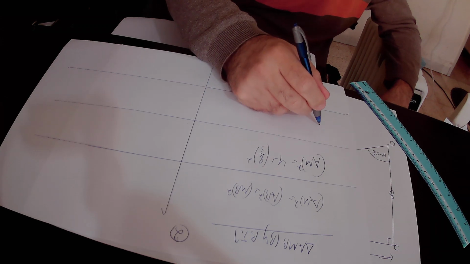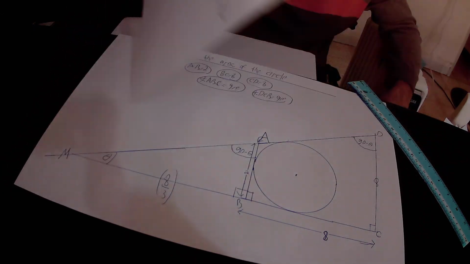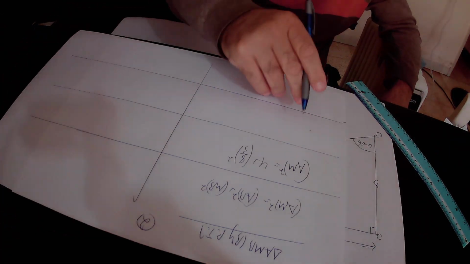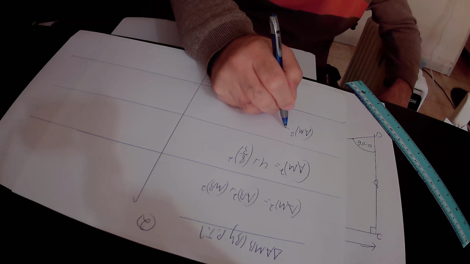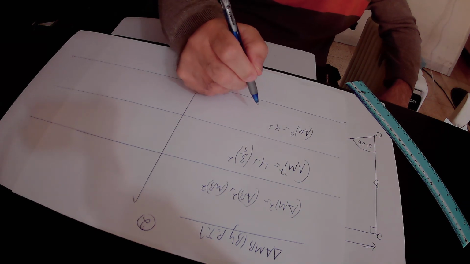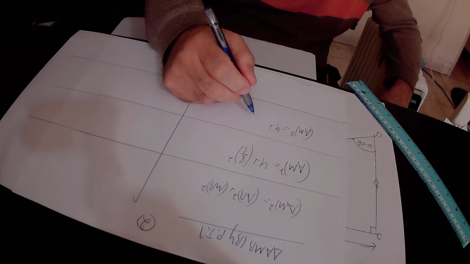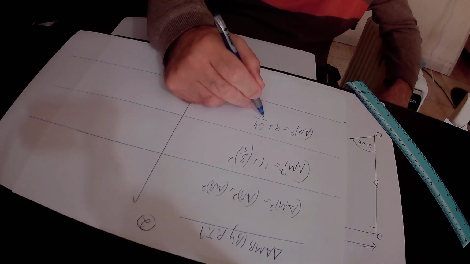So AM squared is equal to 4 plus 8 over 3 squared, which is equal to 8 squared, that is 64, over 3 squared, that is 9.